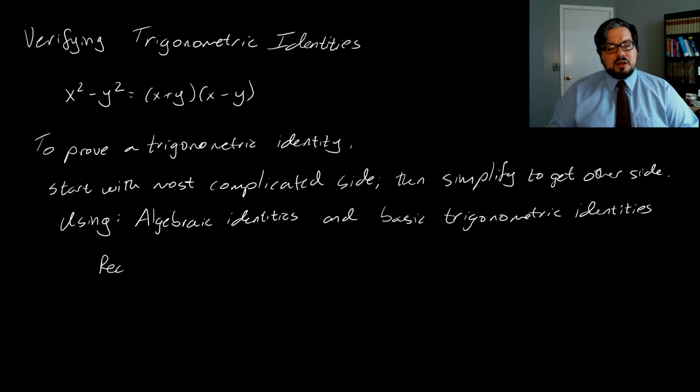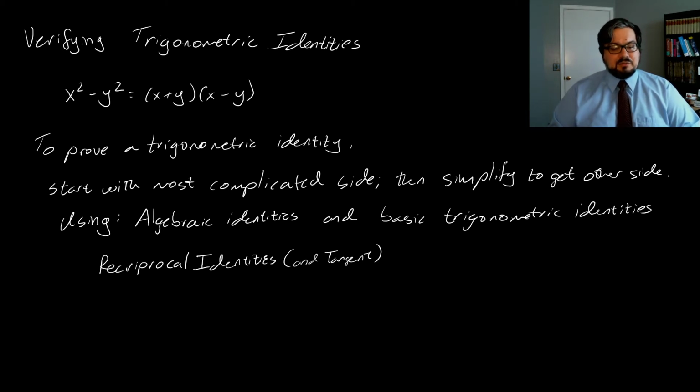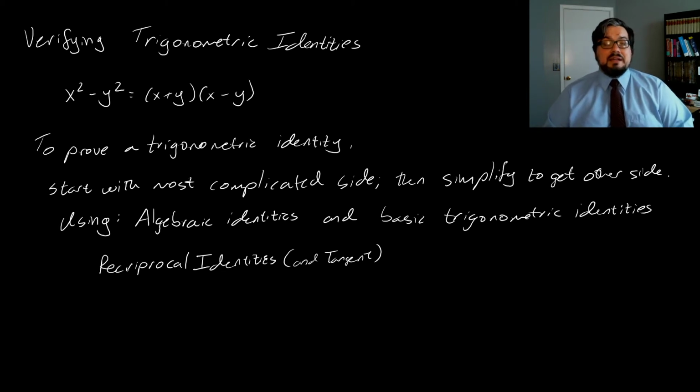The first are the reciprocal identities, and I group the tangent identities in with these ones. So the reciprocal identities tell us how the six trigonometric functions are related to their reciprocals.